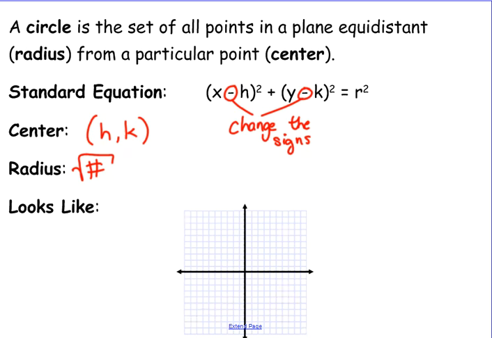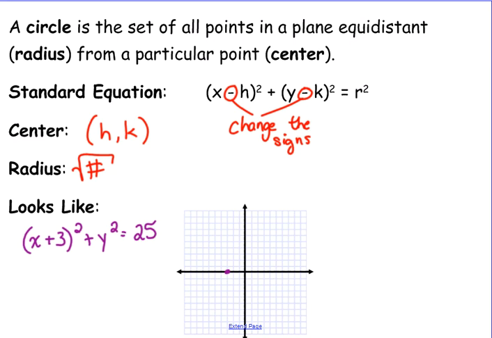Let me just give you an example of an equation here. Let's do (x plus 3) squared plus y squared is equal to 25. If that was the equation of our circle, we would be able to graph that. The center is at (-3, 0), because the y didn't have anything being added or subtracted from it.